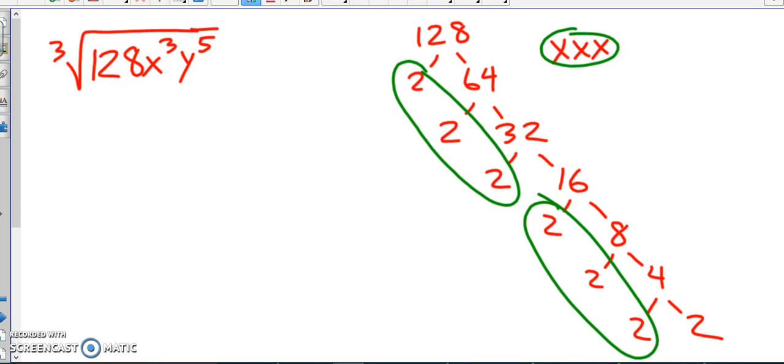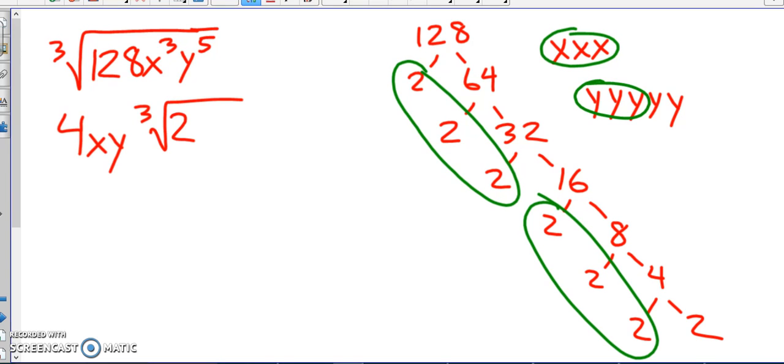All right. So anyway, if I combine all the sets together, I get 4xy cube roots of 2y squared.